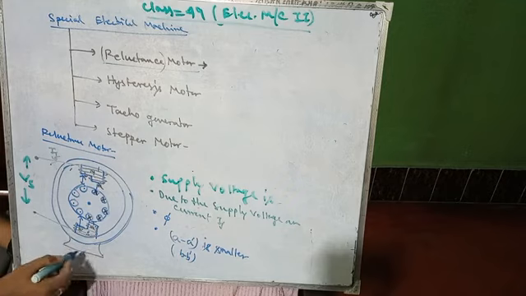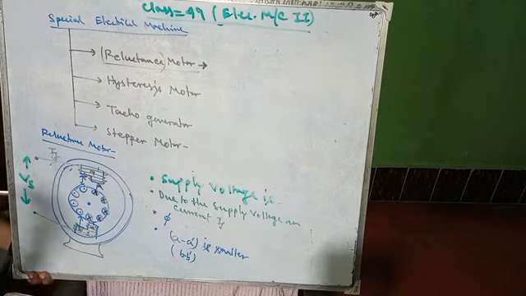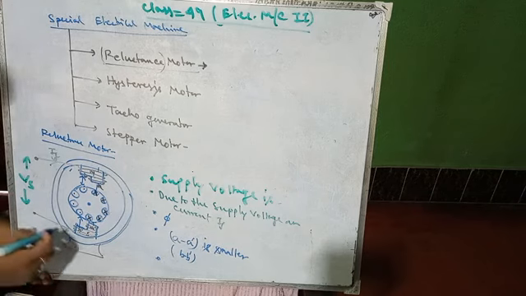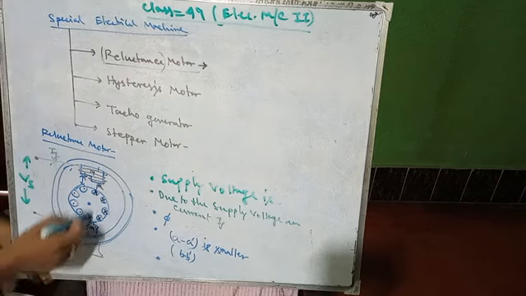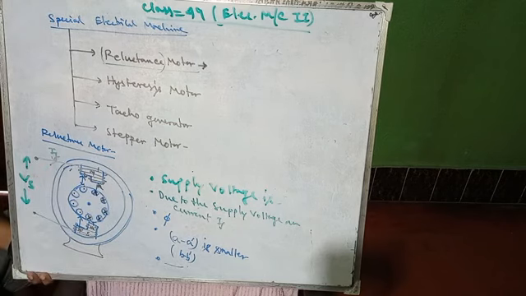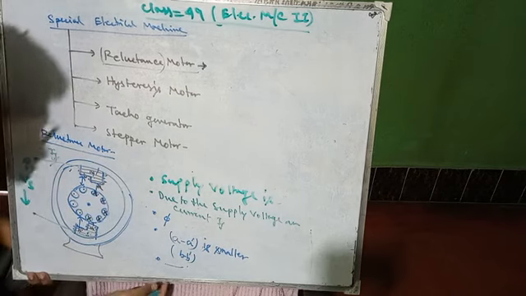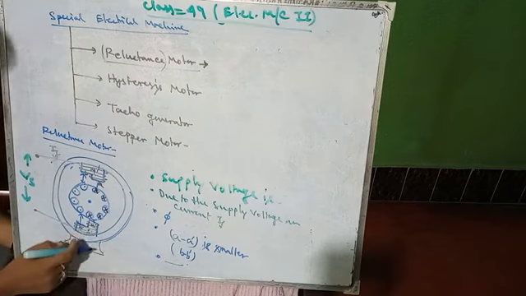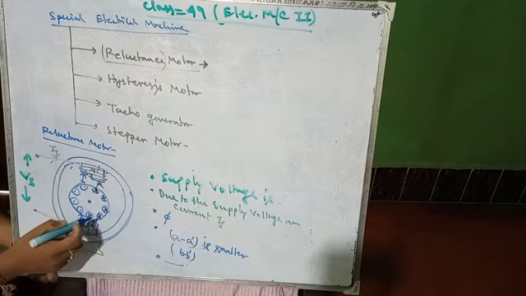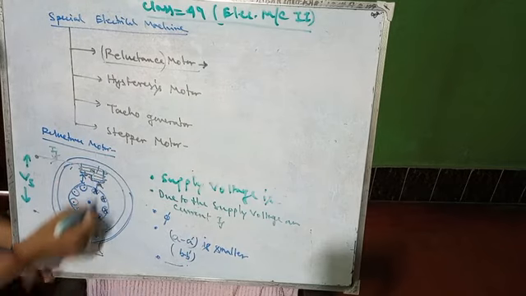When the rotor conductor is aligned to this AA dash region, then it offers less reluctance, that is, the maximum amount of flux will be linked within this region.